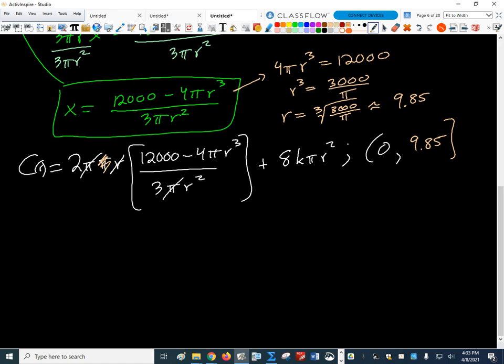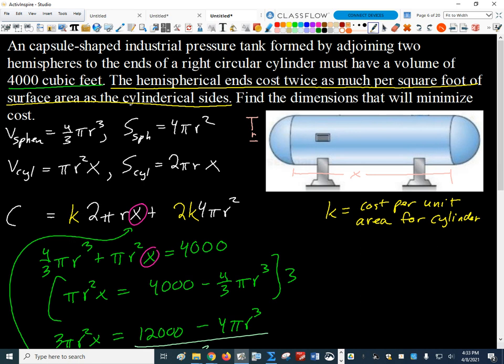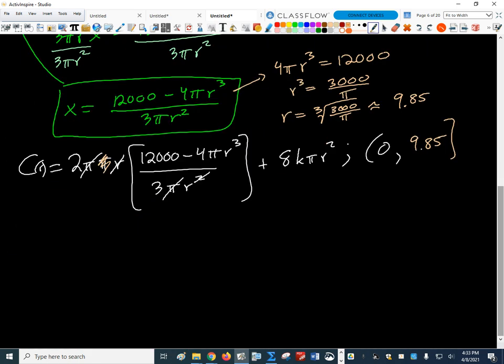I could cancel one of these r's, and so I end up getting my function here, c of r equals 24,000 over 6, or 24,000 over 3r minus 8 pi.